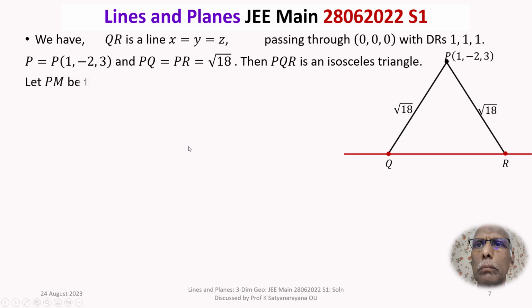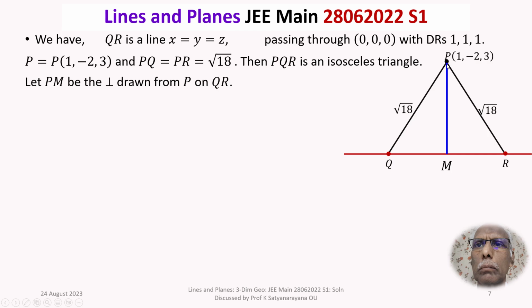Let's now drop a perpendicular from P onto QR. Call it PM. So let PM be the perpendicular drawn from P on QR. This is the point M. Now what will this PM do? PM will bisect QR, because it is an isosceles triangle.